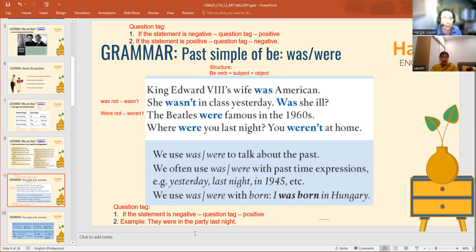How are we going to make this one into a question tag? So they were in the party last night. What question tag are we going to use?